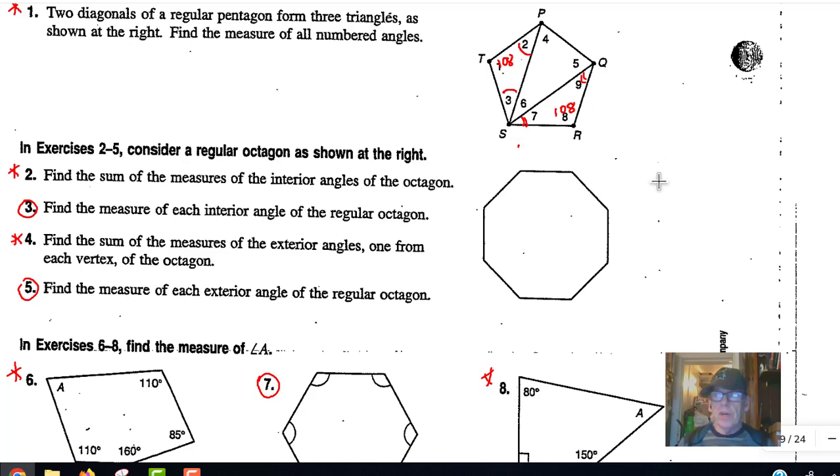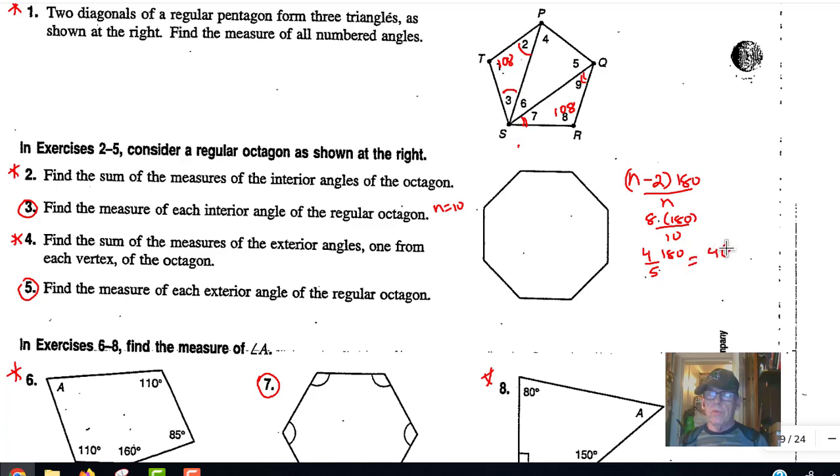Okay, number 3, find the measure of each interior angle of a regular octagon. Now, if it's a regular octagon, we've got the n minus 2 times 180 divided by n version of the formula. And n is 10 for an octagon. So 10 take away 2 is 8 times 180 divided by 10. This is like 4/5 times 180. 5 goes into 180 36 times.